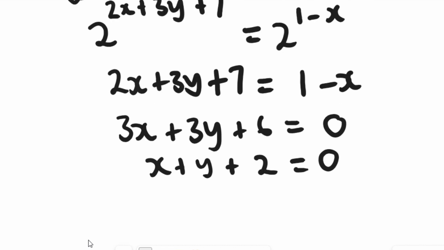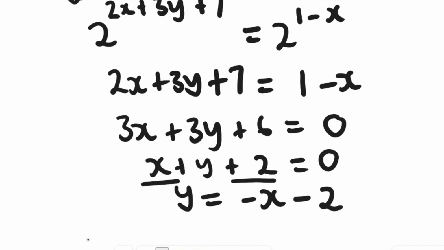Okay, from here what we can do is we can make either one the subject of the formula. So let's make y the subject of the formula of this equation. So our positive y will be negative x negative 2. We take x plus 2 to the other side and we have negative x negative 2.